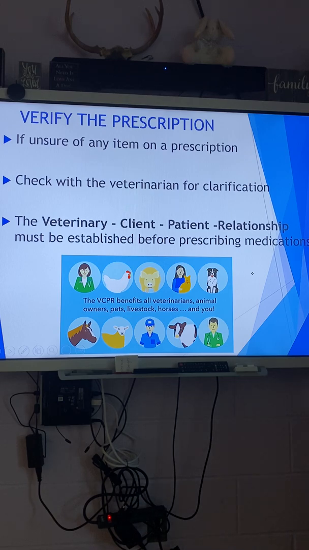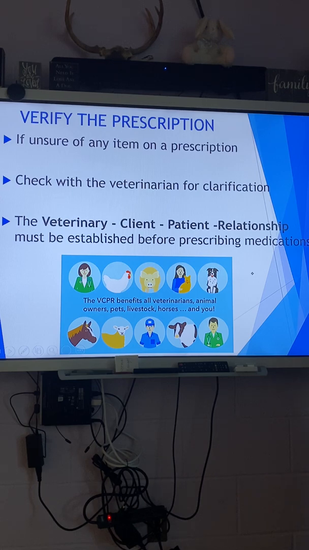Okay. Now, one thing that we have to have, going back to level 1, we have to have a VCPR. Remember that? Vet, client, patient relationship. You have to have that before you can prescribe any medicine. Have to.